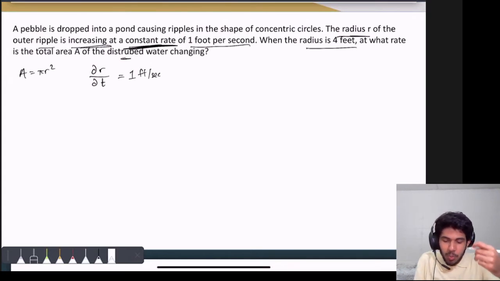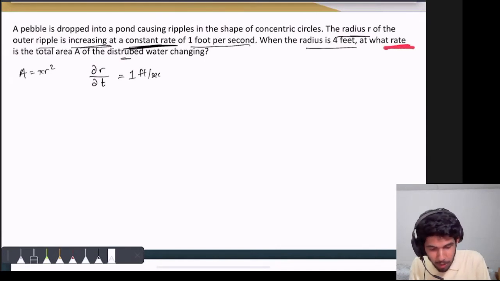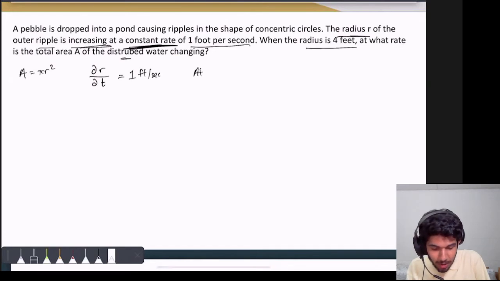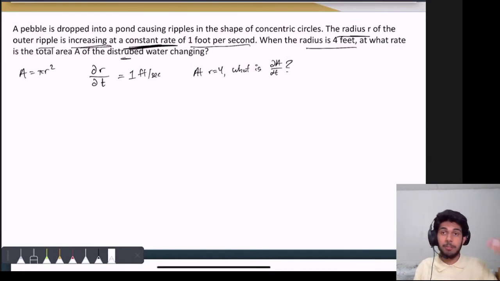And what are we tasked with finding? We want to find at what rate the total area A is changing at radius equals 4 feet. So at r equals 4, what is dA/dt, right? The derivative of the area with respect to time, the rate of change of area with respect to time.